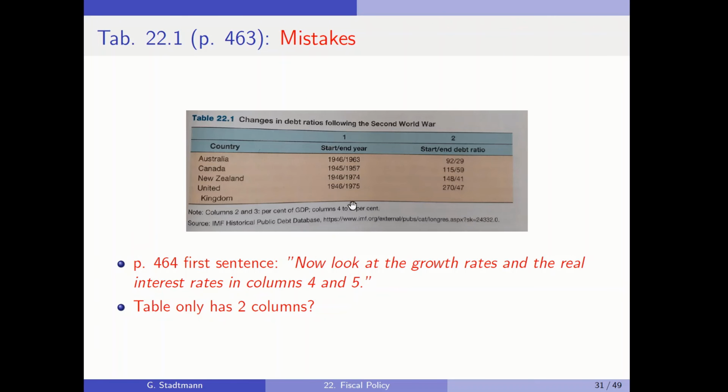For example, they present this table here, and in the text it said, now look at the growth rates and the real interest rate in columns 4 and 5. But this table only has 2 columns, and the growth rates and the real interest rates are not given in this table, and therefore we cannot prove whether the previous statements are right.